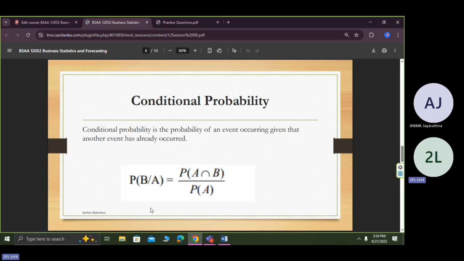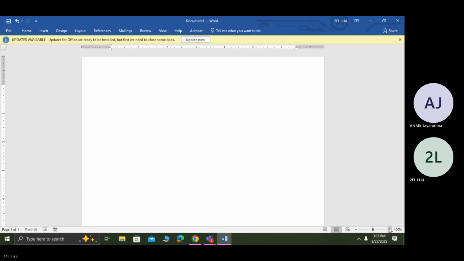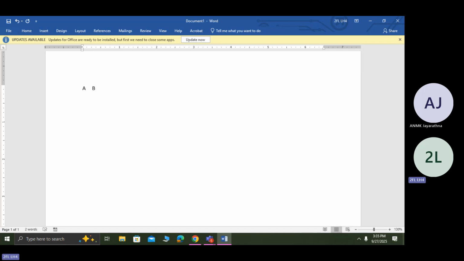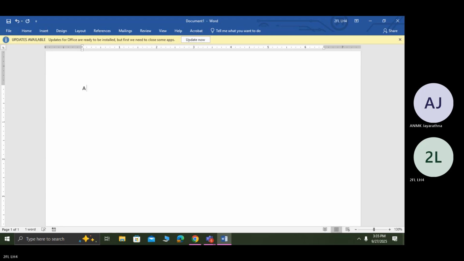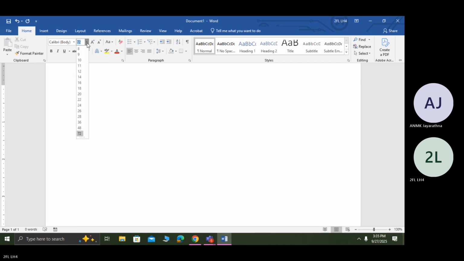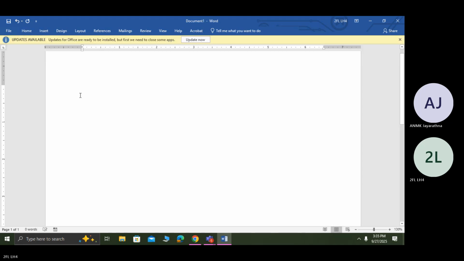Okay, then here we write it this way. Normally, we assume there are 2 events, event A and event B. Two events are there, event A and event B. Then we assume we need to find the probability of event B, and at that time event A has already occurred.